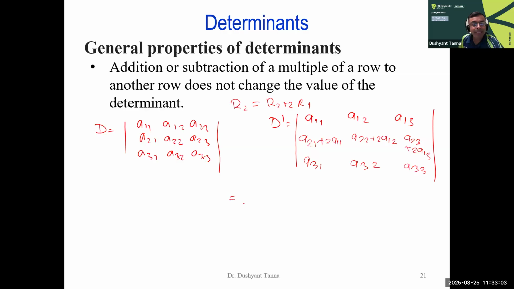Now I can split this into two parts, same like matrix addition, considering everything else as 0.